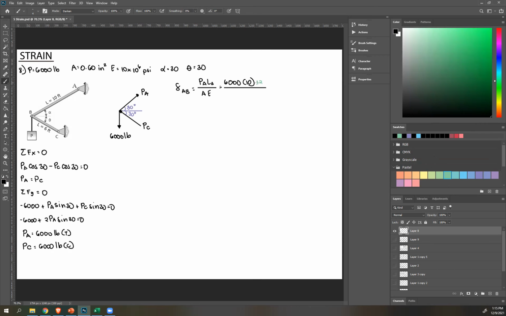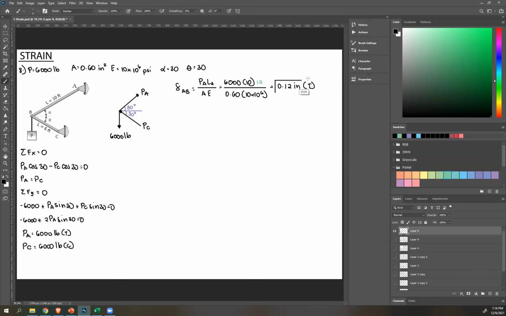All over cross-sectional area given 0.60. And then E is given 10 times 10 raised to 6. Okay. And then the answer that you should get there is 0.12 inches, and that is in tension, same as your PA.